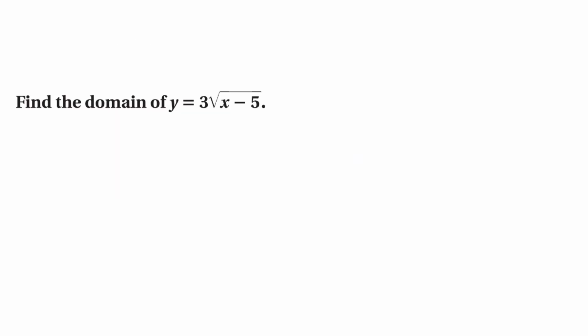Okay, so we're looking here at our equation, and we want to find the domain. Again, the domain is going to center around where our independent variable is, and that's our x value, and it's underneath the square root sign. So we need to make sure that everything underneath the square root, that's called our radicand, so x minus 5, has to be greater than or equal to 0.